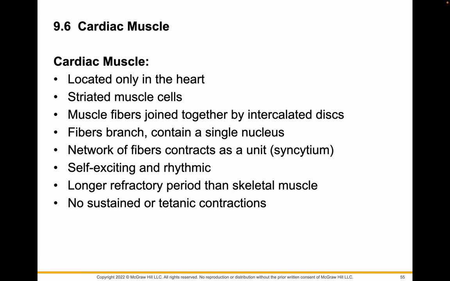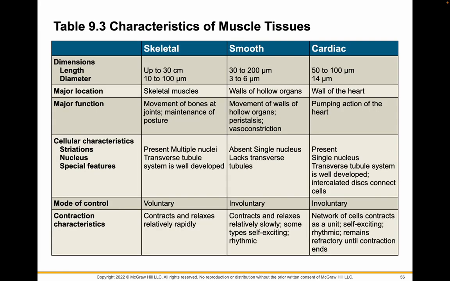They are self-exciting. That's different. They have a longer refractory period than skeletal muscle, and they don't have tetanus. So here are some characteristics of muscle tissues, skeletal, smooth, and cardiac, and where they're found, their mode of control, some characteristics.